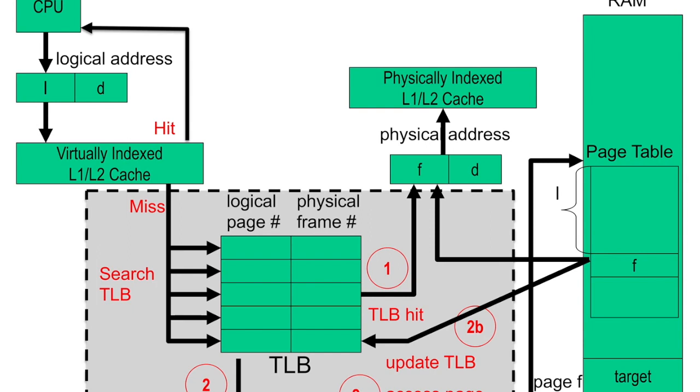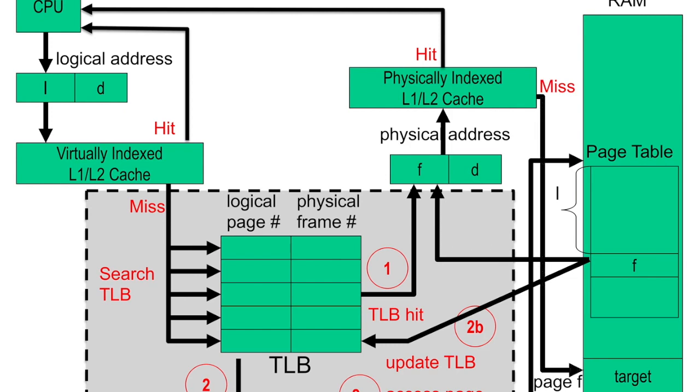And then if we have a hit, we'll end up giving the information back to the CPU. And if we have a miss, then we'll go to that actual target memory, grab the information out, and send it to the CPU. So here we have both a virtually indexed and a physically indexed cache that we are using.